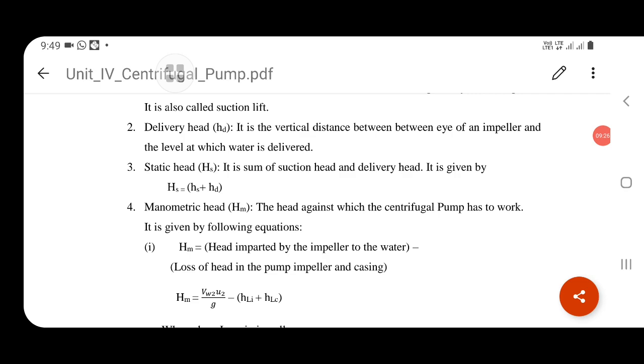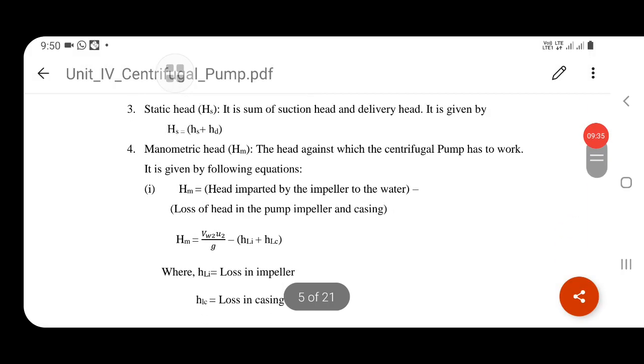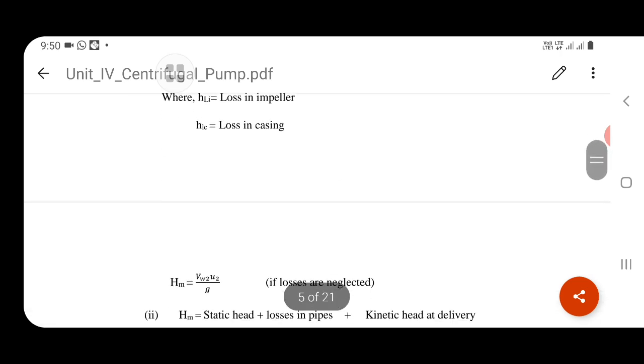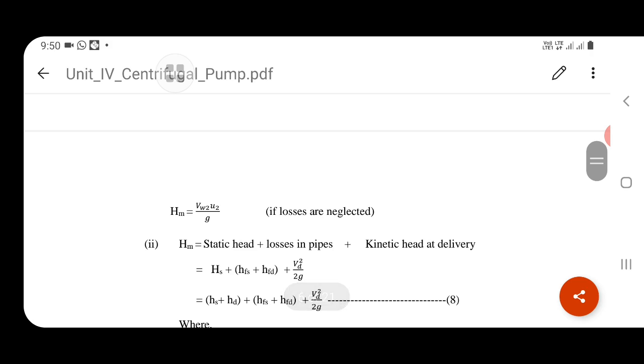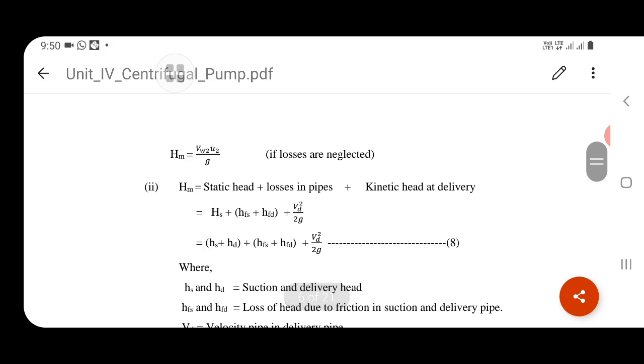So HM is equal to head imparted by the impeller to the liquid minus losses. Basically HM is equal to VW2 U2 upon g minus HLI and HLC, loss in impeller and loss in casing. So HM is equal to static head plus loss of head in kinetic energy and loss of head in pipes.